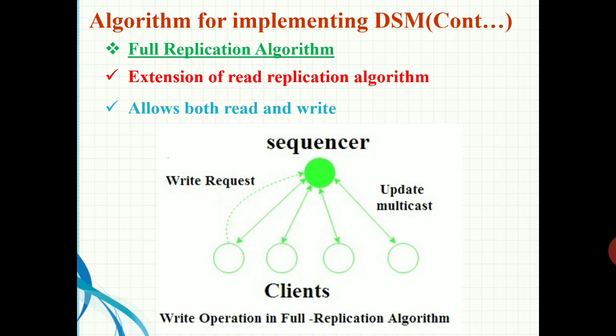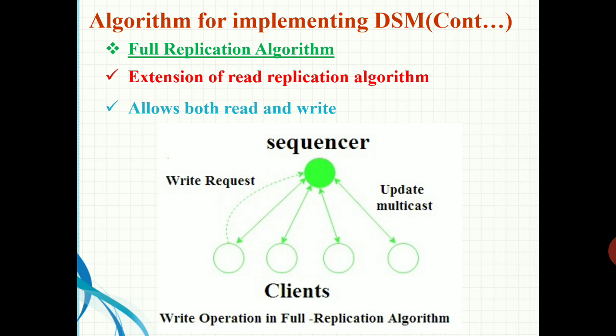That means we allow multiple nodes to perform the read operation on the same data, or we allow only one node to perform a read and write operation. In the case of the full replication algorithm, multiple nodes are allowed to have both read and write access to the shared data block.